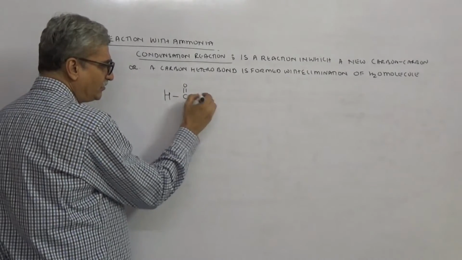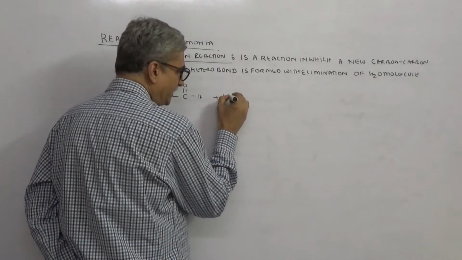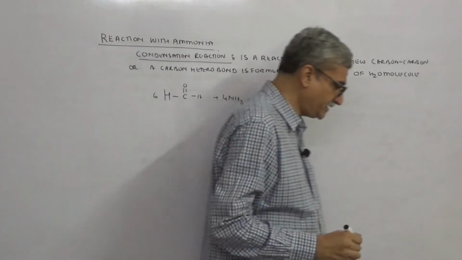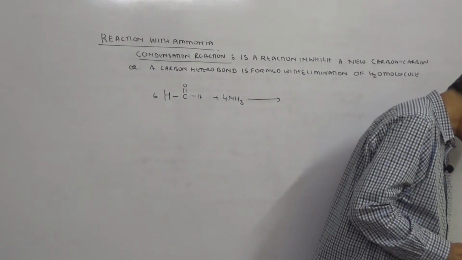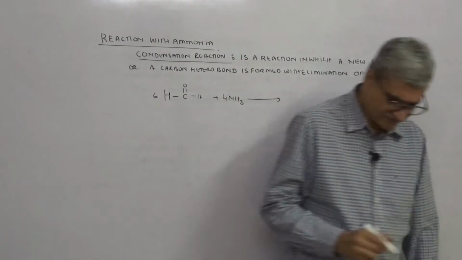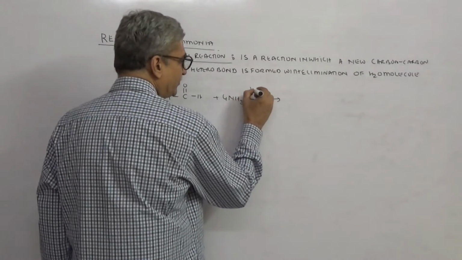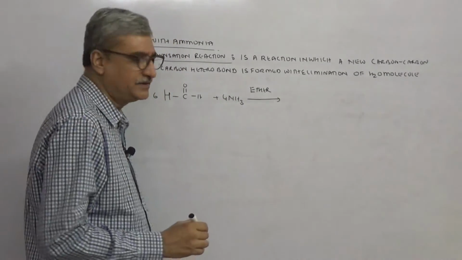So formaldehyde, HCHO, reacts with ammonia. Generally, if you look at the foreign books, they have mentioned that you have to use ether as a solvent. Indian books have not given it actually. So what happens?